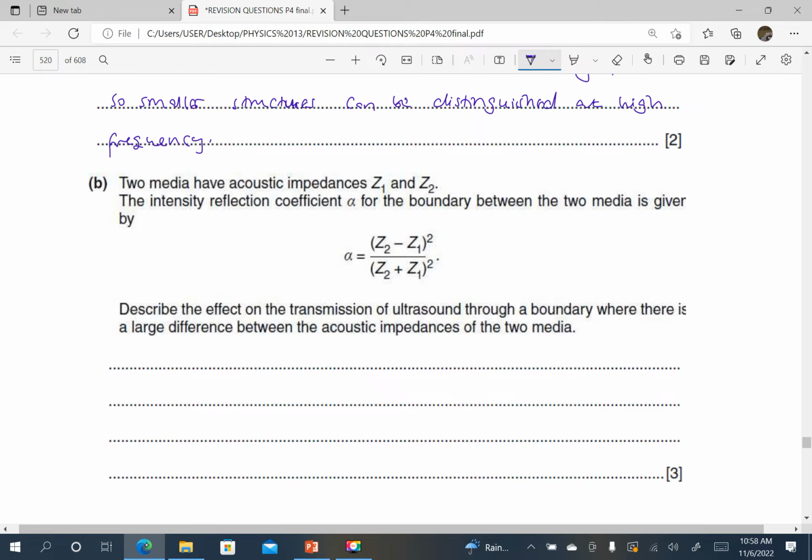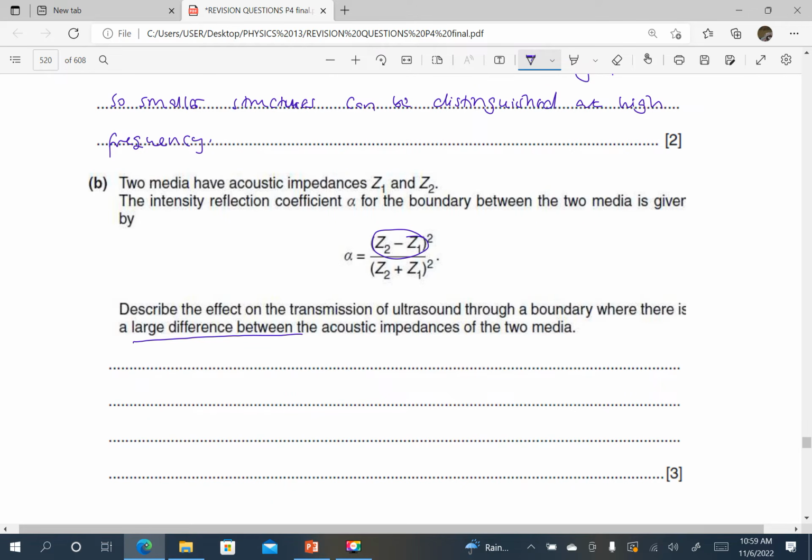Describe the effect on the transmission of ultrasound through the boundary where there is a large difference between the acoustic impedances. When there is a large difference between acoustic impedance, what does that mean? If that is very large, in other words, Z1 is far, far smaller than Z2, the ratio here is going to be approximately equal to 1.